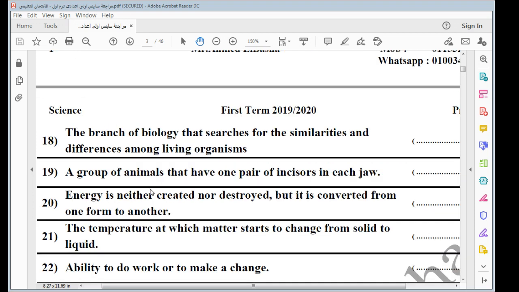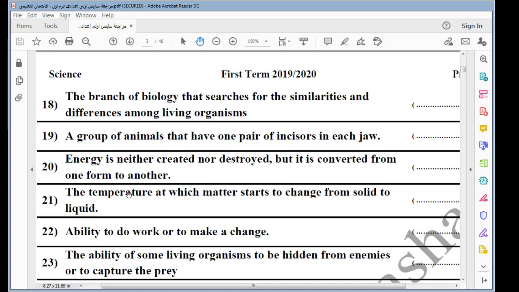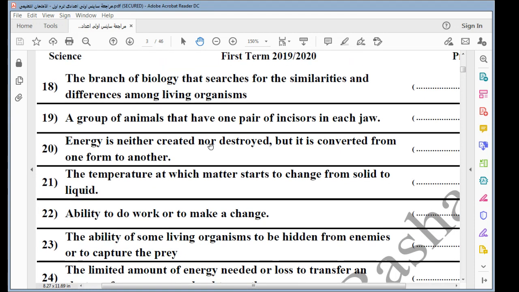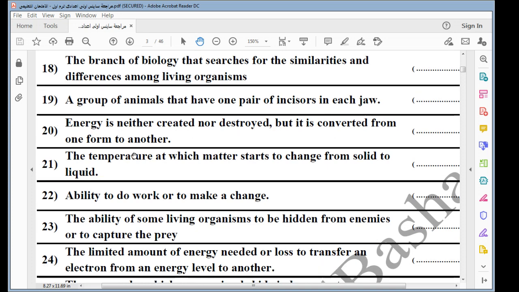Of course, it will be rodent. Number 20. Energy is neither created nor destroyed, but it is converted from one form to another. Of course, this is the conservation law of energy.